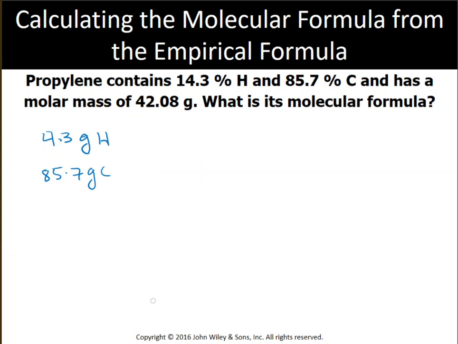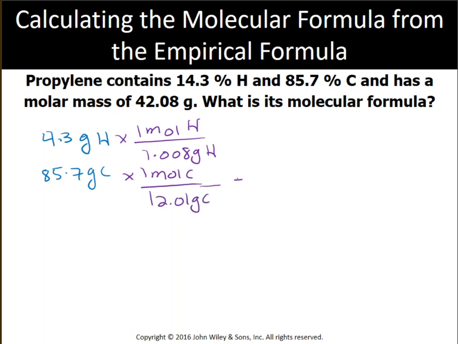Now to convert to moles, each mole hydrogen is 1.008 grams of hydrogen and each mole carbon is 12.01 grams of carbon. So 14.3 divided by 1.008 is 14.2 moles of hydrogen, and this is 7.14 moles of carbon.